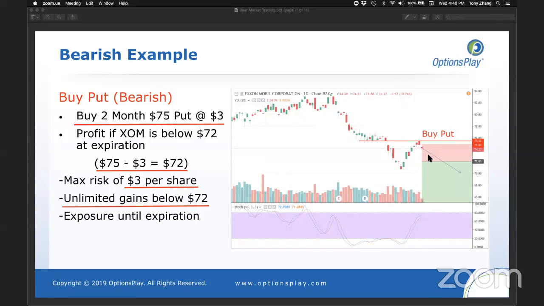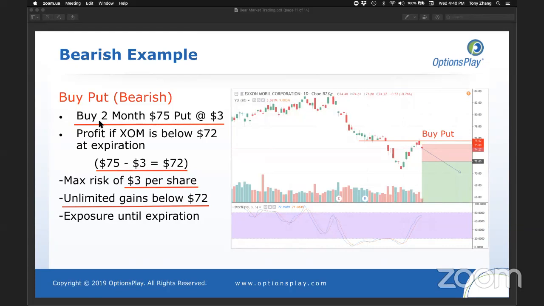So I'm buying a 2-month put option. I maintain bearish exposure for those 2 months, and that's it. Nothing beyond that. So that is the simplest option strategy that we would ever recommend a user to utilize if you have a bearish view on a specific trade, as opposed to shorting the stock.